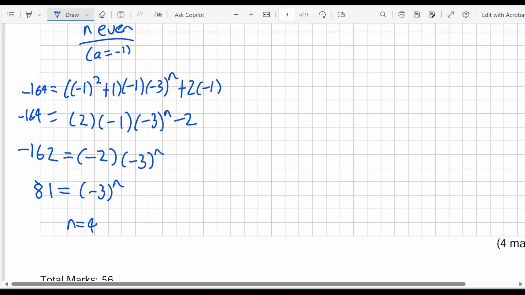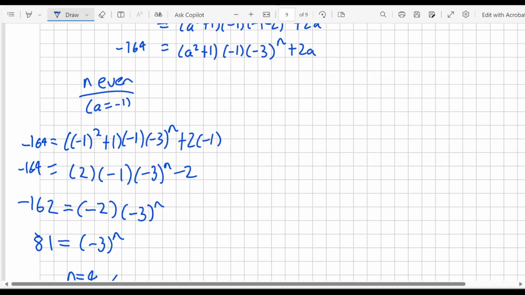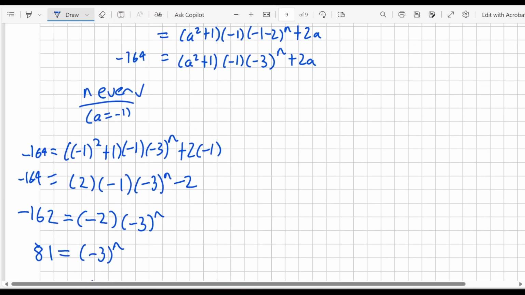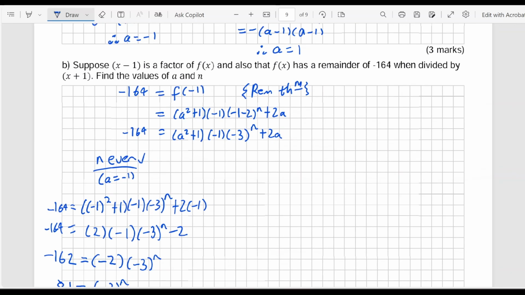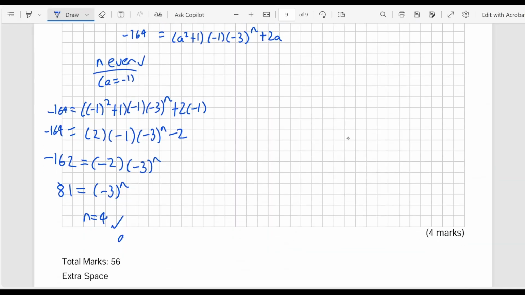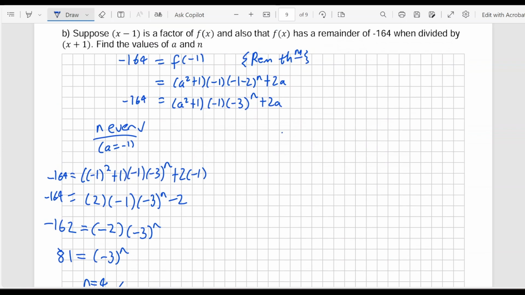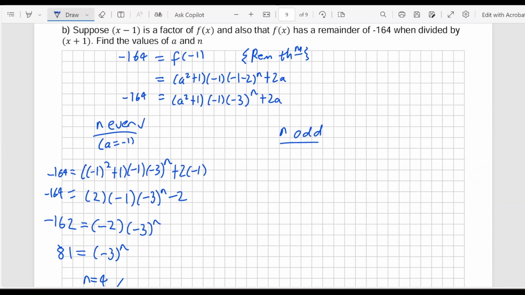Now, does this make sense with the negative? Yes, it does, because minus 3 to the power of 4 is good, and n is even, so that's good. So we found a. A was minus 1 and n was 4. Let's look at if n was odd. I'm assuming something breaks because it says just find the values. We get minus 164.